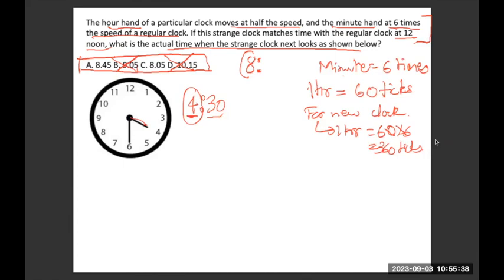Once I establish this, I know the ticks which are shown in the current condition, which is at 6 number. If a minute hand is at 6 position, there will be 30 ticks in the actual condition.